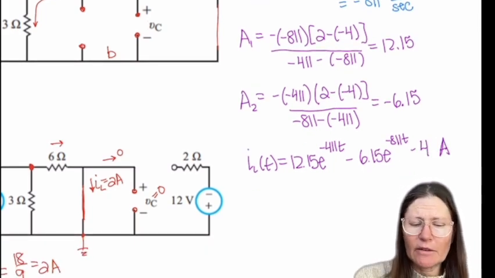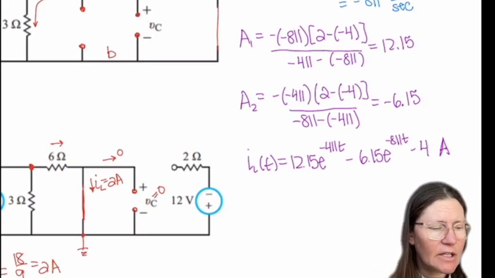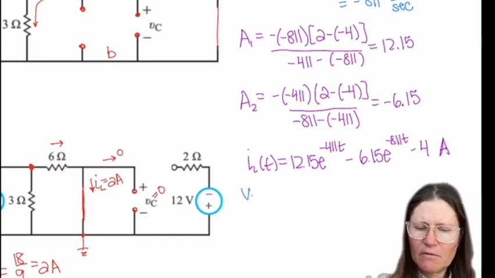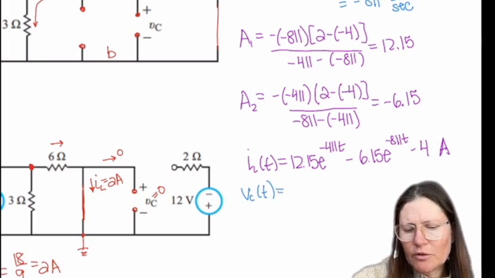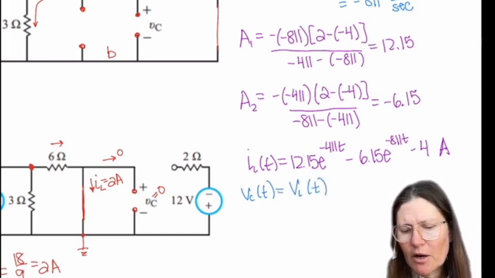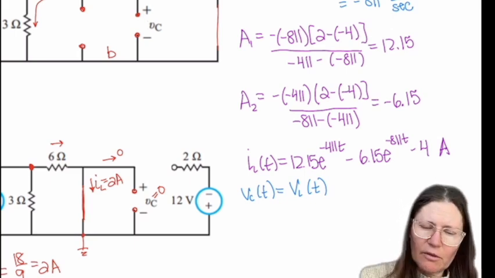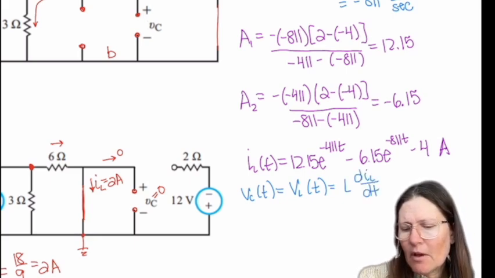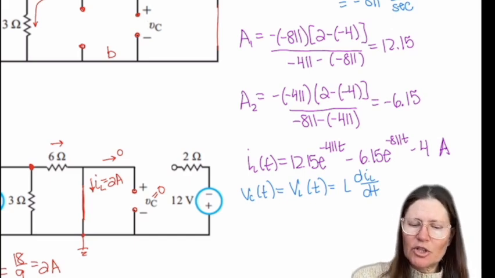So now to get VC of t, we note that VC of t is equal to VL of t because they're in parallel. And we know that VL is equal to L dIL dt. So we need to differentiate that.